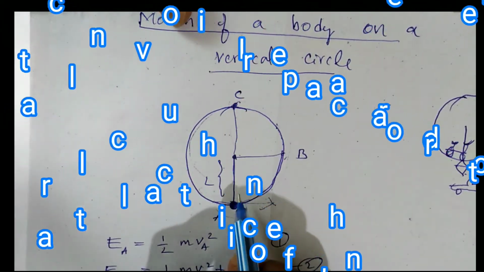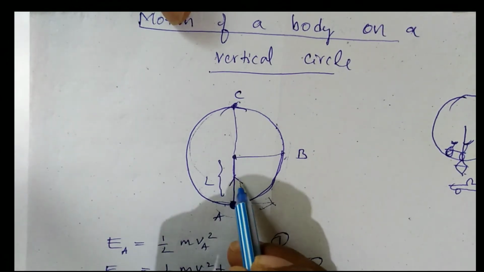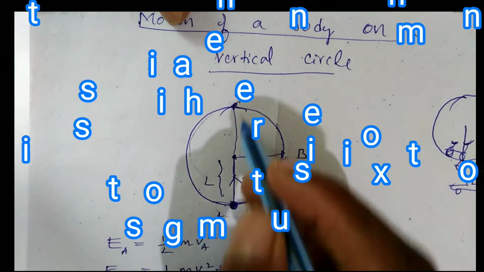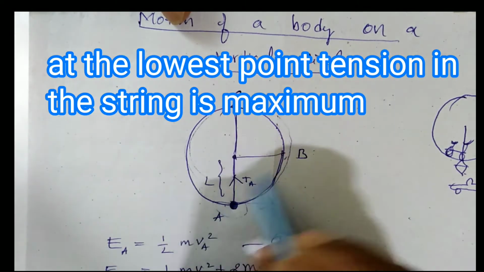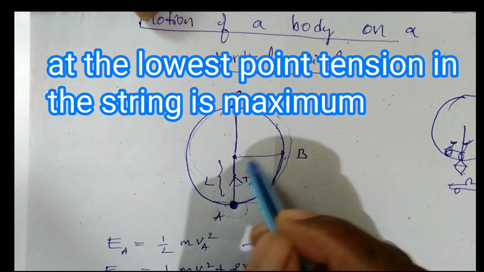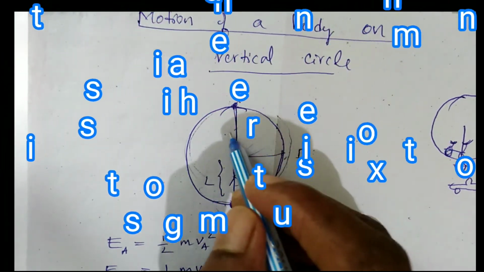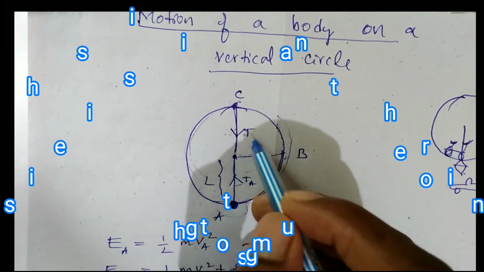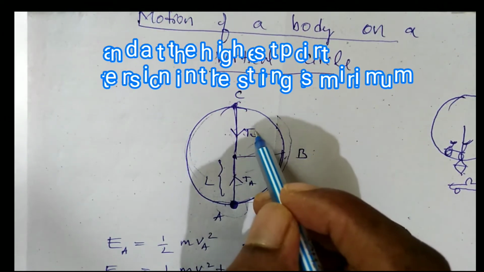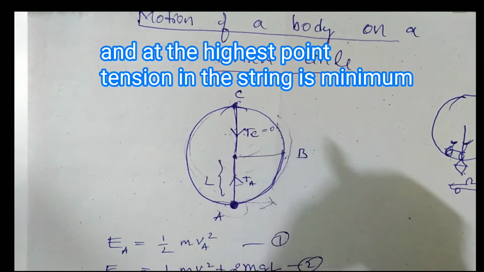There will be a tension T_A directed toward the center. When the body reaches the top and just completes the rotation, the tension decreases and becomes 0, the thread just slackens. So we consider T_C to be 0.